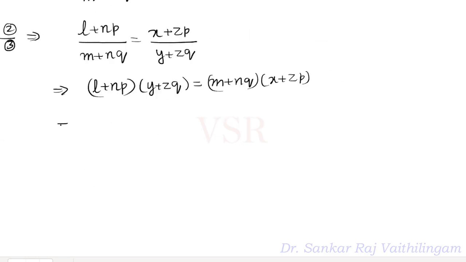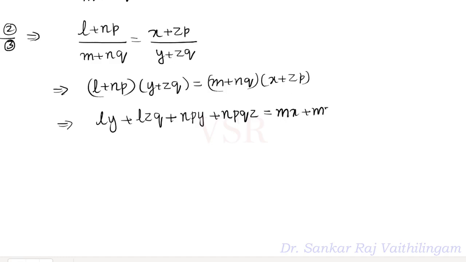Expanding, what we will have is ly plus lzq plus npy plus npqz, which is equal to mx plus mzp plus nqx plus npqz. These two npqz terms cancel. Anything else cancel? Nothing else cancels.